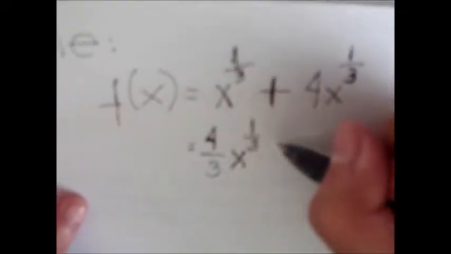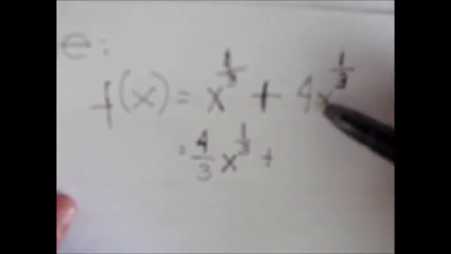So this is x to the 1 over 3 plus the derivative of this.